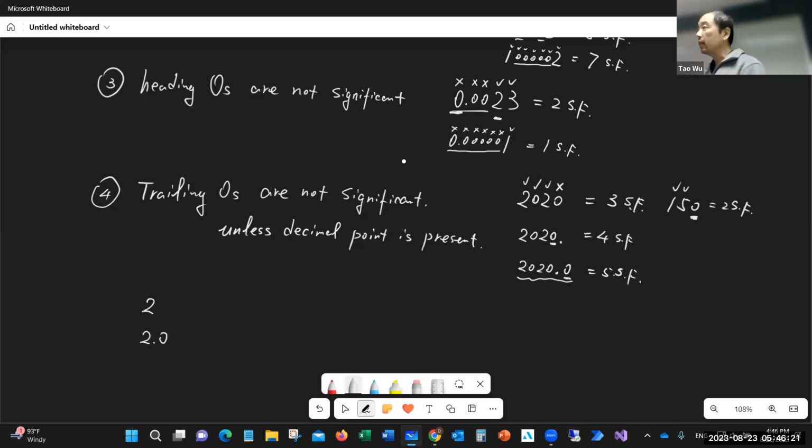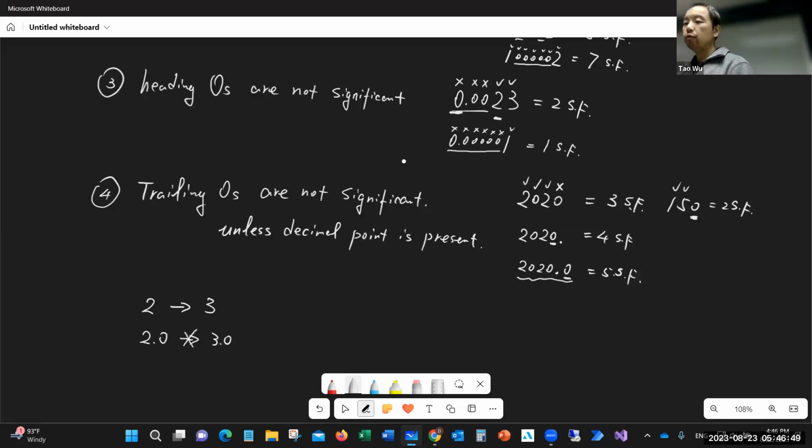The next accurate number is different because 2 only has 1 sig fig. So once you add 1, the next accurate number for 2 is 3. But 2.0 has 2 sig figs, so the next accurate number is not 3.0.